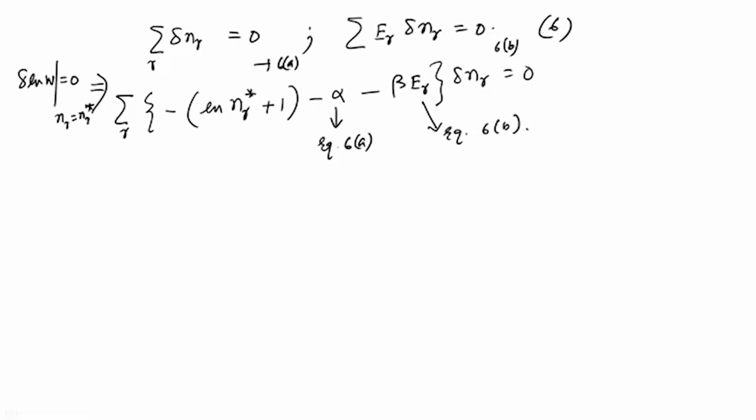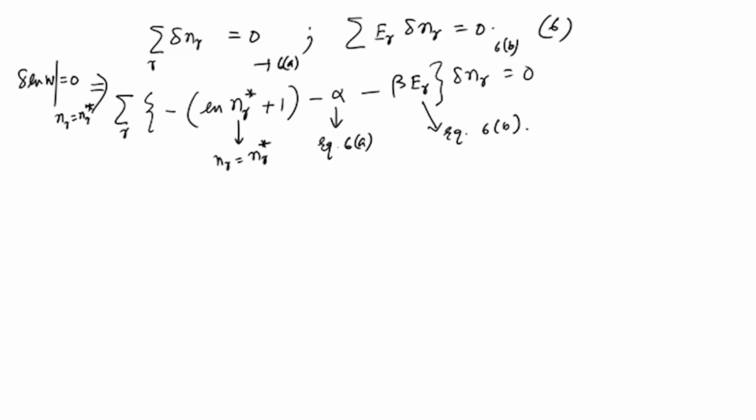They appear there along with the original expression that we had, and we have written NR equal to NR star because this extremization occurs at a particular value. So when you put that equal to 0, NR becomes equal to NR star.